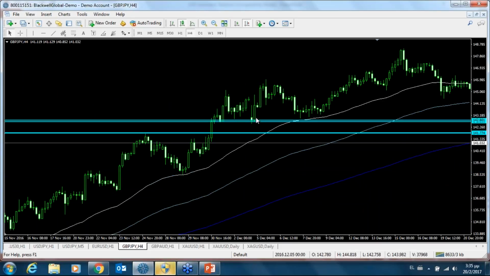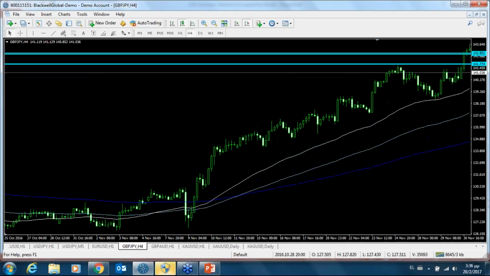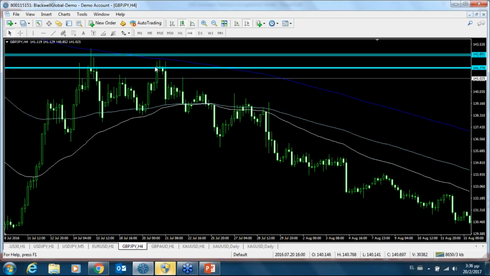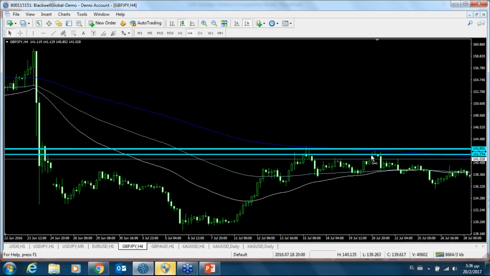Okay, you see that resistance that you have drawn now, at one moment of time previously, long time ago, was a support area. Then we go back, and that support area that we have drawn today at one moment of time was a resistance, and we found resistance there, okay?